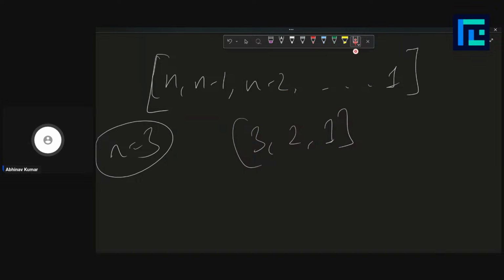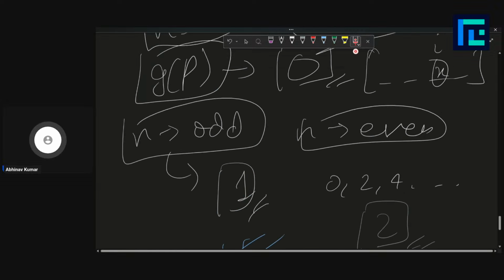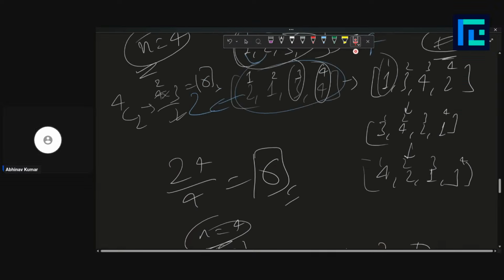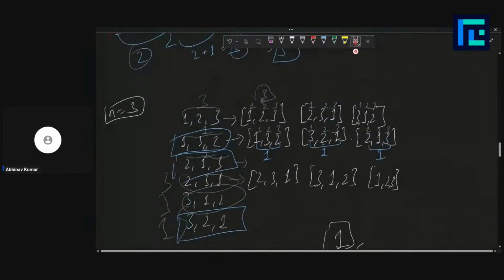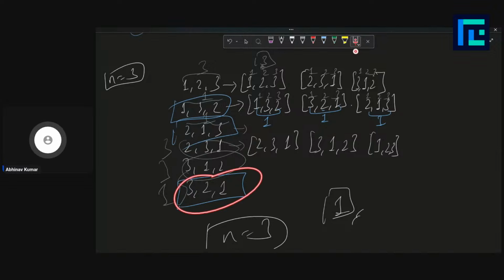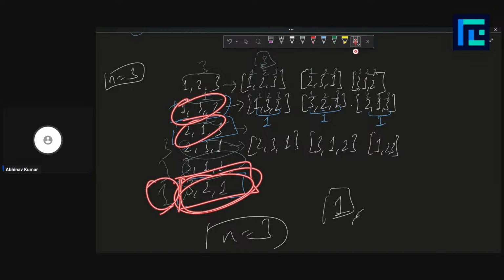For n equal to 3, the final answer among these permutations was 1. So 3, 2, 1 was actually giving me a GP value of 1.